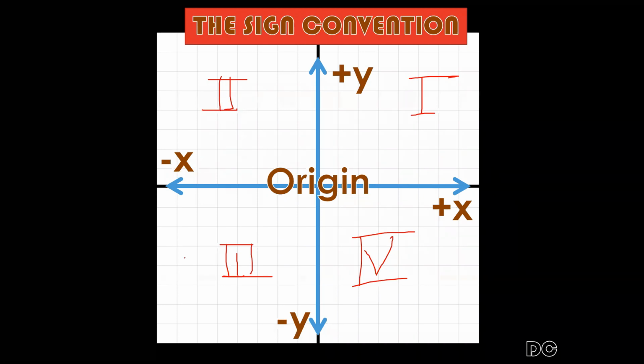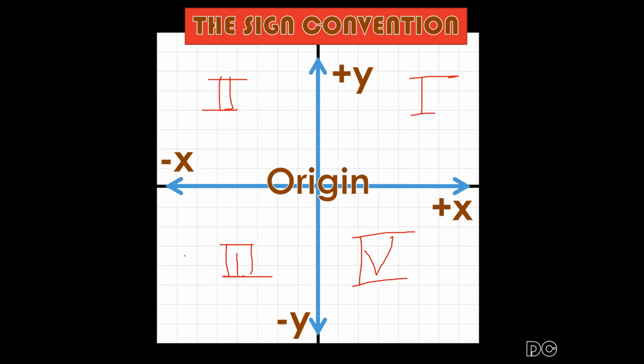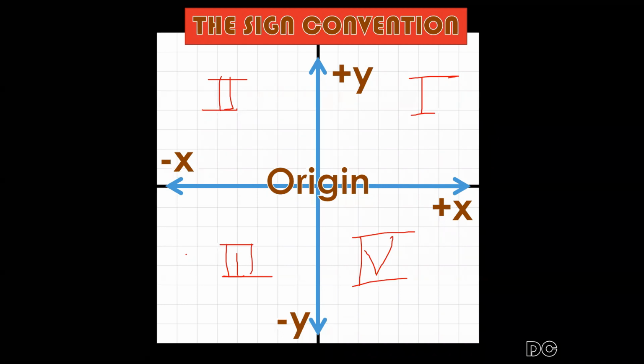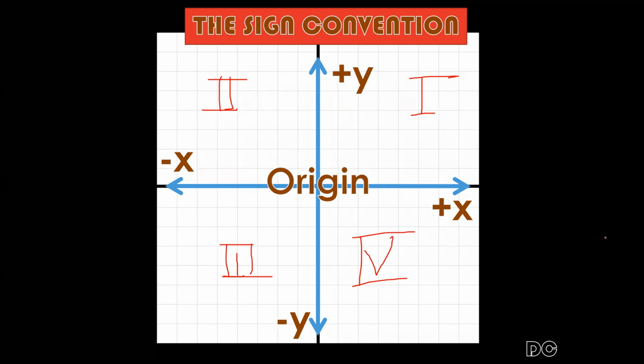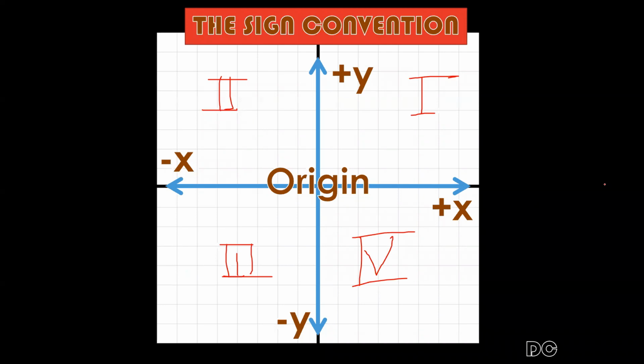For the second quadrant, the x is negative and the y is positive. For the third quadrant, both x and y are negative. And for the fourth quadrant, x is positive and y is negative. So that is the sign convention of x and y in a Cartesian plane.